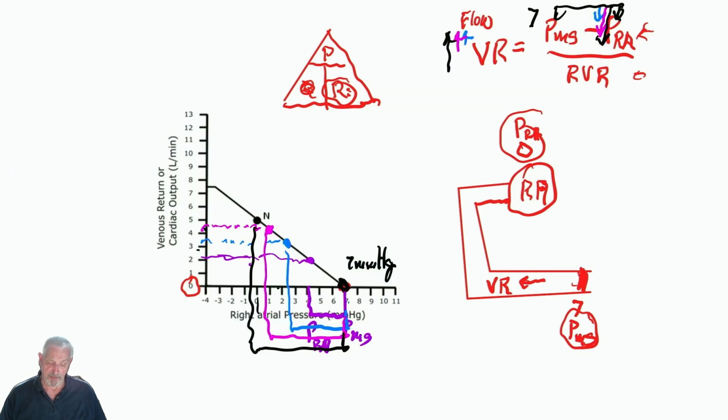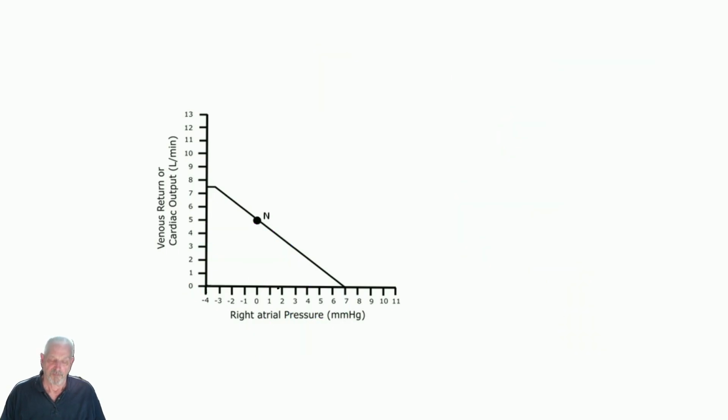We'll come back to what changed right atrial pressure in just a moment. But what we can see is that the slope of the line is related to the resistance to venous return.